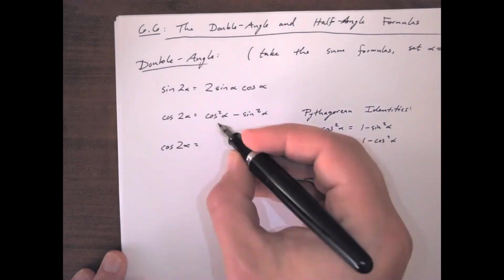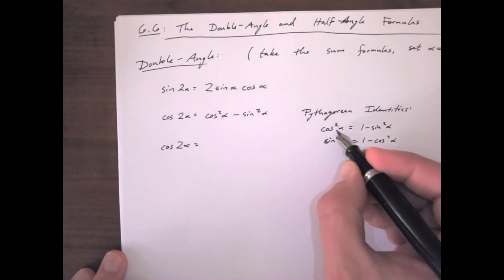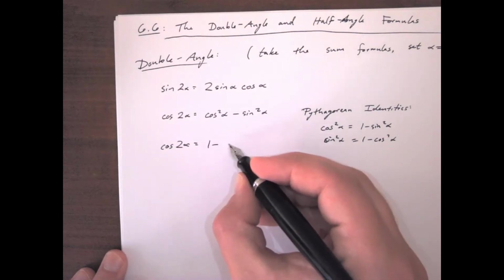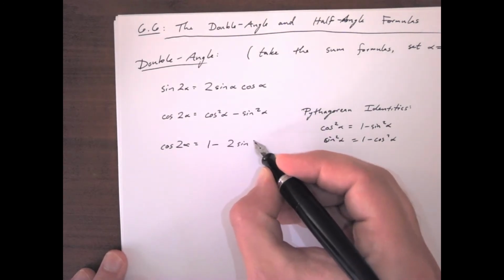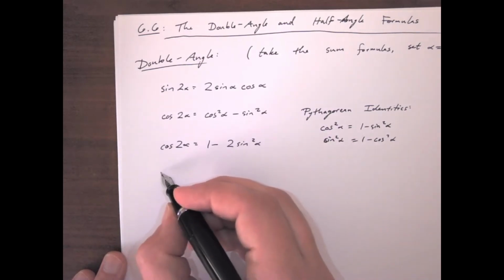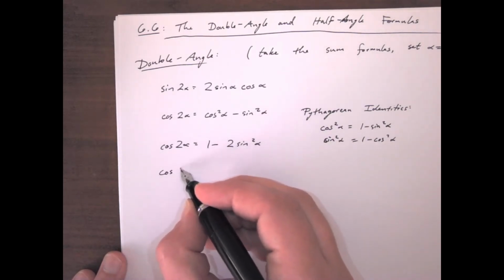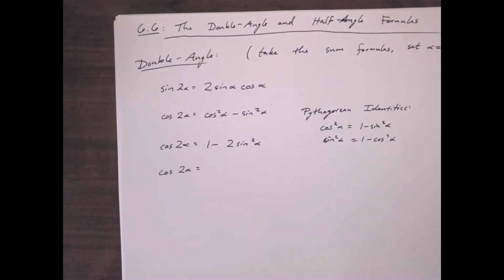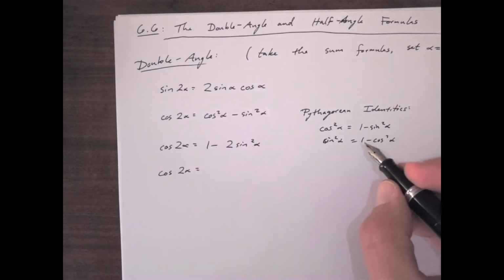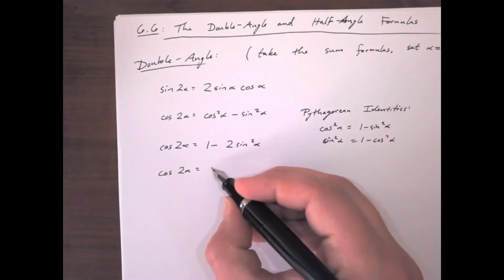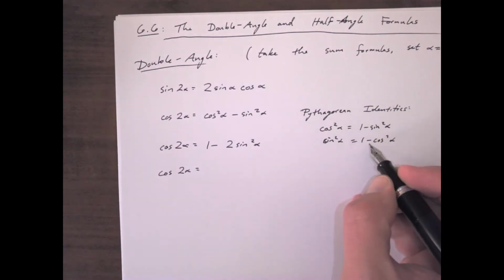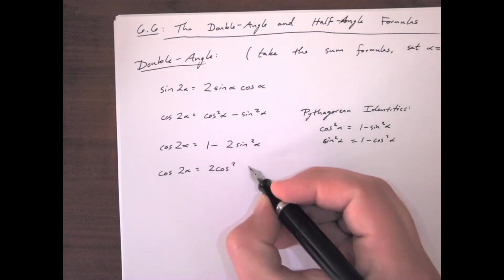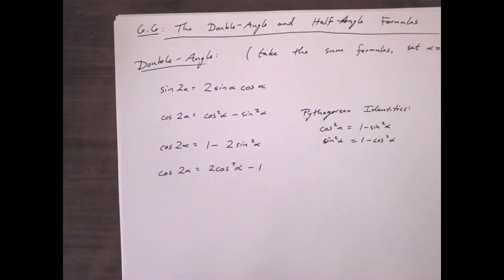What's that going to look like? If I first replace the cosine squared by 1 minus sine squared, that's going to be 1 minus 2 copies of sine squared. And if I do the other way and replace the sine squared by 1 minus cosine squared, that's going to be 2 cosine squared alpha minus 1.